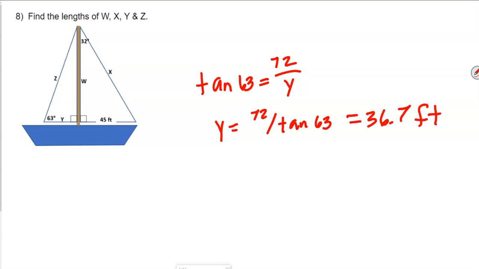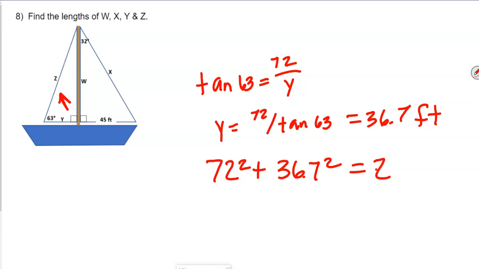Okay, we got one left, and that is z, right? So z is, again, we could do a squared plus b squared equals c squared because it's the hypotenuse, right? So we could do our 72 squared plus our 36.7 squared, and that's going to be equal to our z squared, okay?